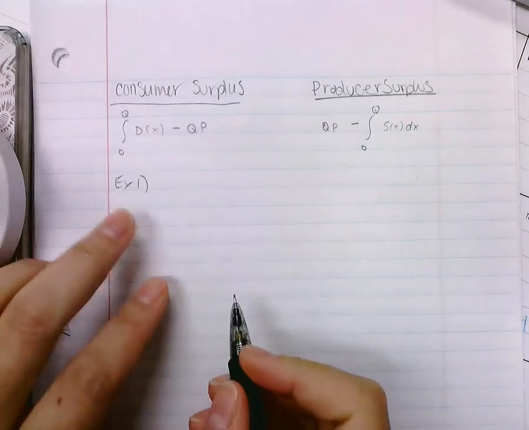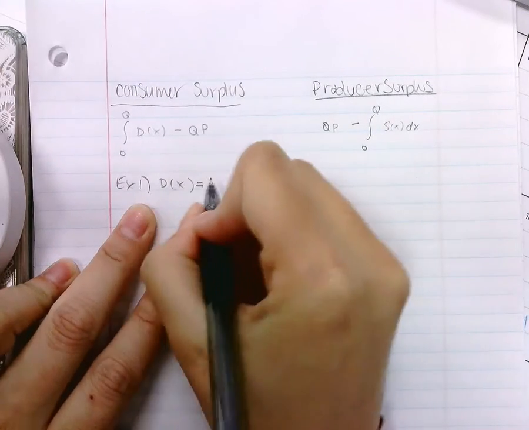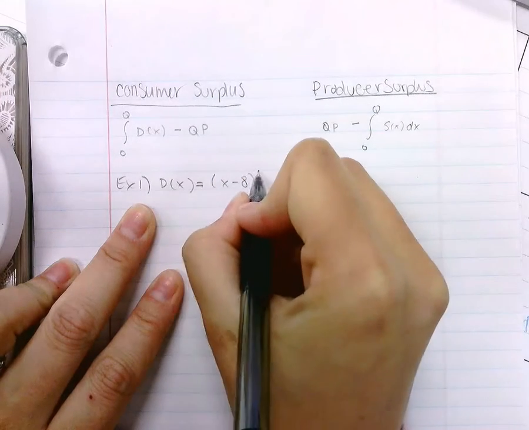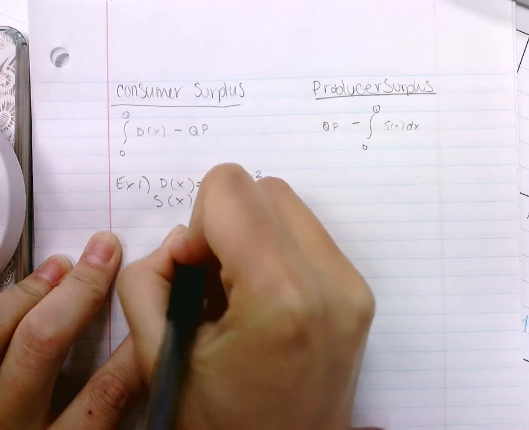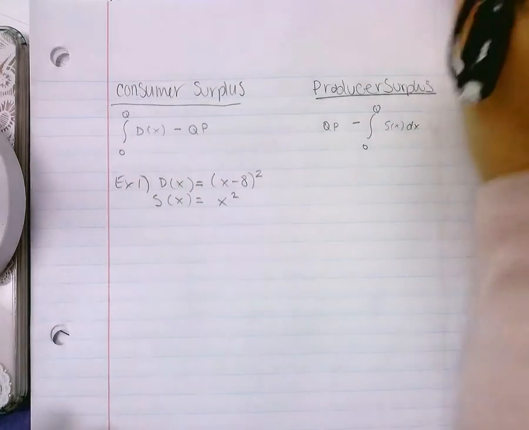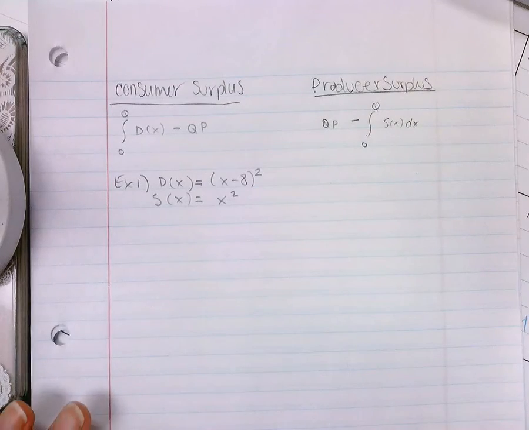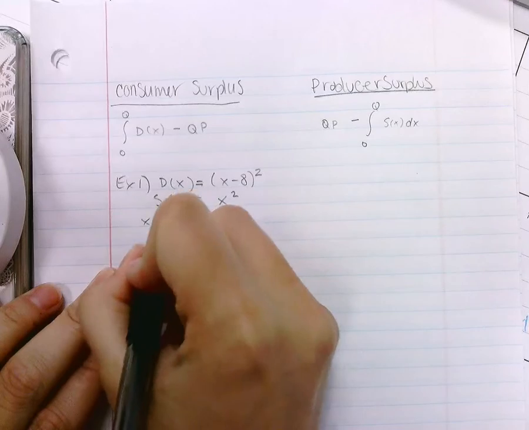So example 1. Let's say we have a demand function of (x minus 8) squared and a supply function of x squared. So you're going to take these two and set them equal to each other, because that's how you find where things are equal.